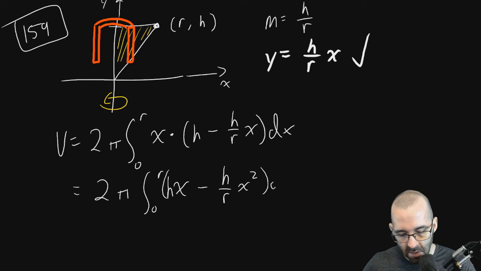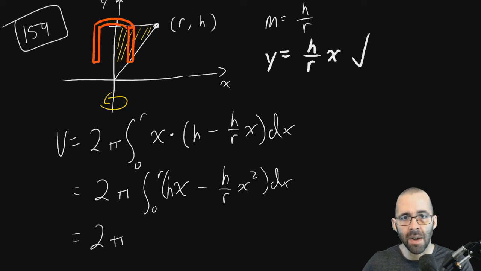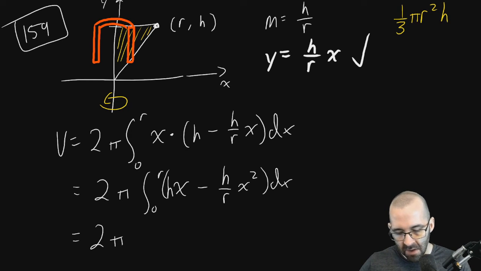Now we can take the antiderivative. Also, we know what our answer should be, right? Our answer should be 1/3 pi r squared h, I think. The antiderivative here is just going to be h over 2 times x squared minus h over 3r times x cubed, evaluated from 0 to r.